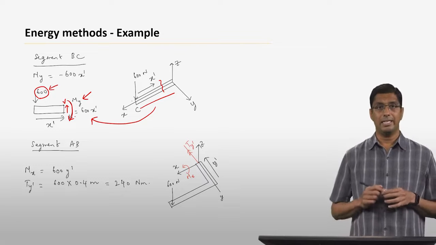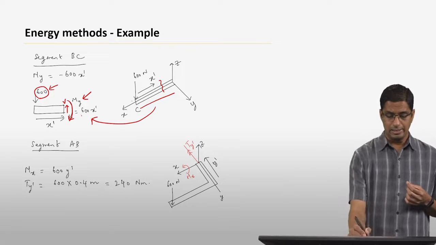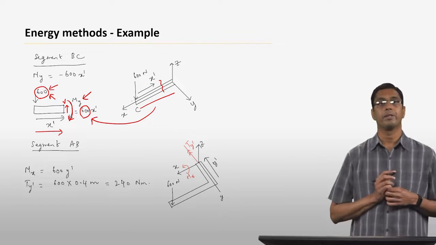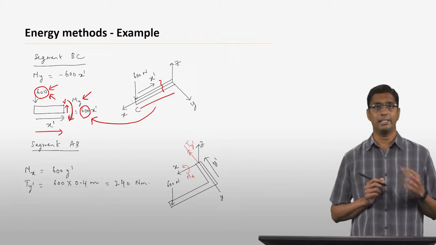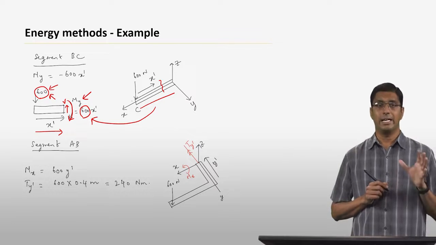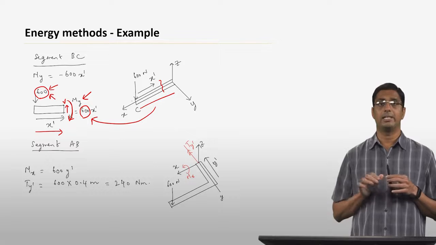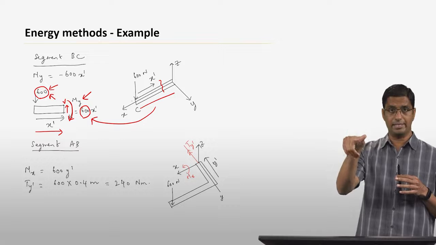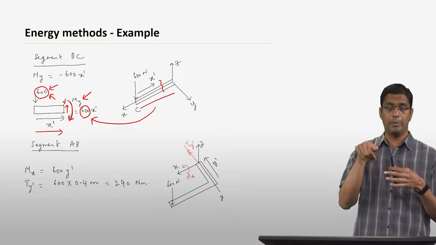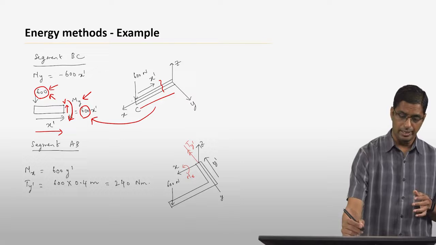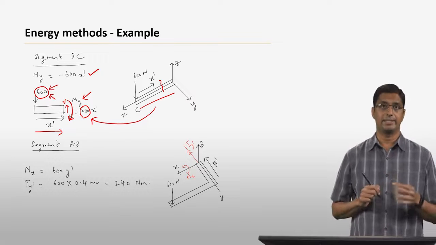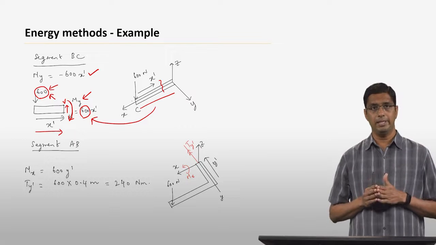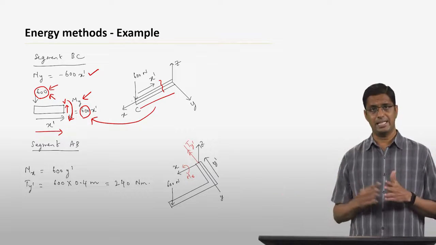And that My is going to be nothing but 600, the force, times the distance x prime. The 600 x prime moment is actually a negative moment, because if you curl your fingers in the direction of My by the right hand rule, your thumb points in the minus y direction. That is why My is minus 600 x prime. But the main thing is that we have found the bending moment in the segment CB as a function of x prime.